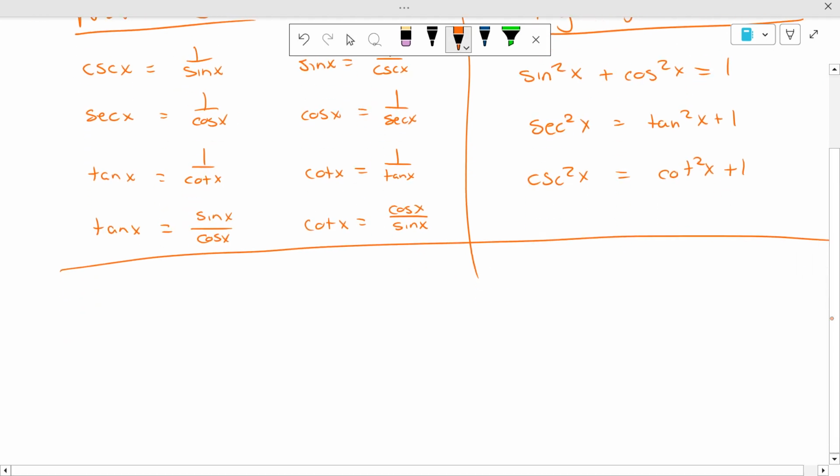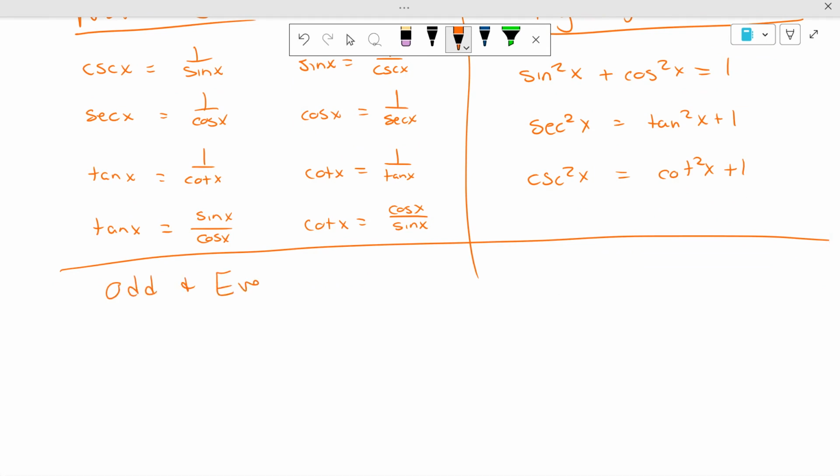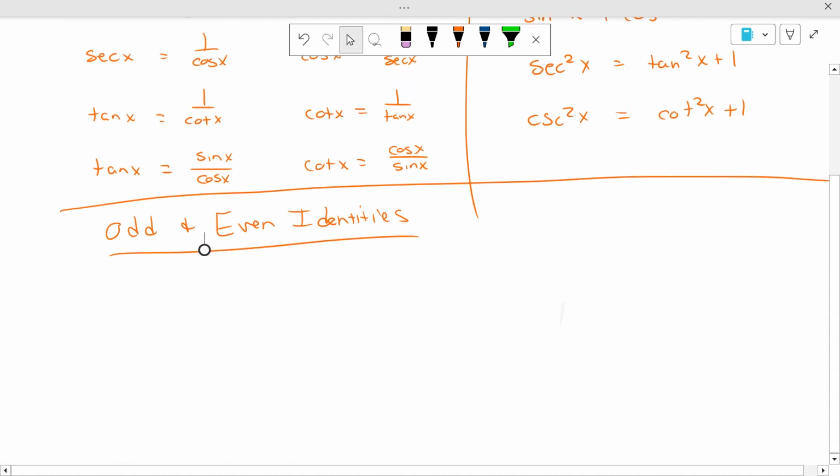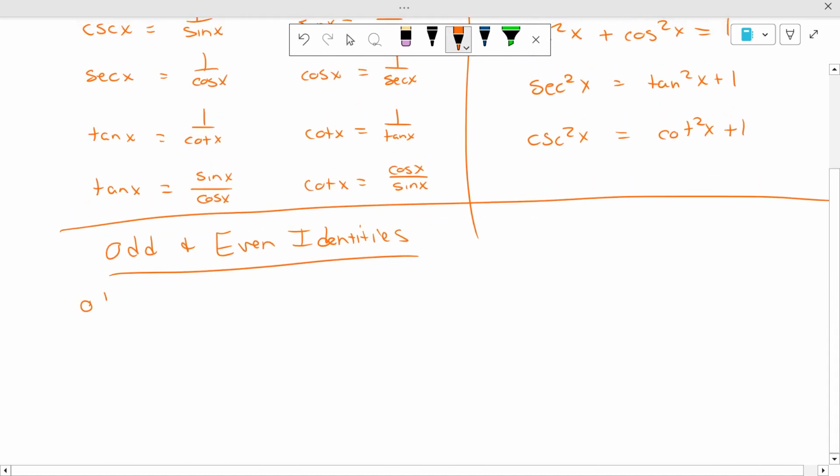And then we have a section called the odd and even identities. The odd ones are the sine of negative x is equal to negative sine of x.